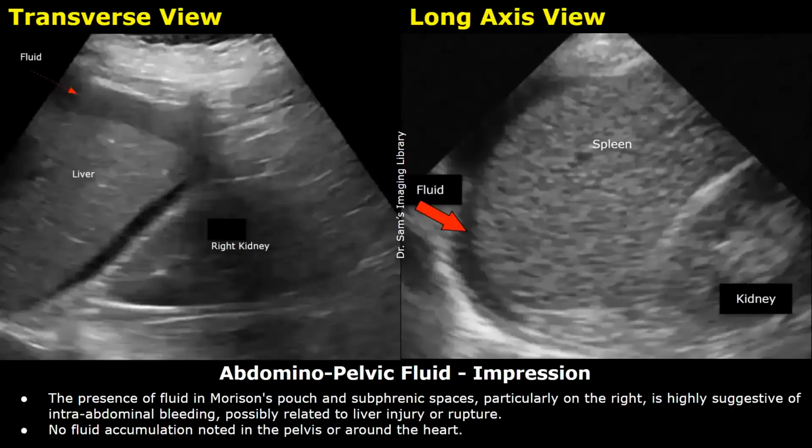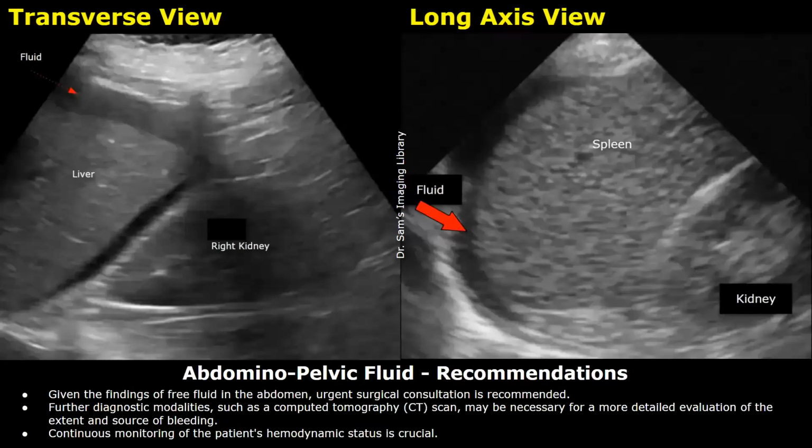This is the impression: the presence of fluid in Morrison's pouch and subphrenic spaces, particularly on the right, is highly suggestive of intra-abdominal bleeding, possibly related to liver injury or rupture. No fluid accumulation noted in the pelvis or around the heart. These are the recommendations.